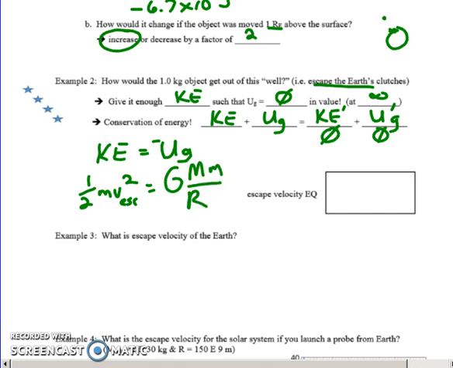If we do the math, the little m's cancel out, we end up with a nice little equation that says the v escape velocity for any planet is equal to the square root of 2GM over r. And that's a really useful equation for problems to solve.